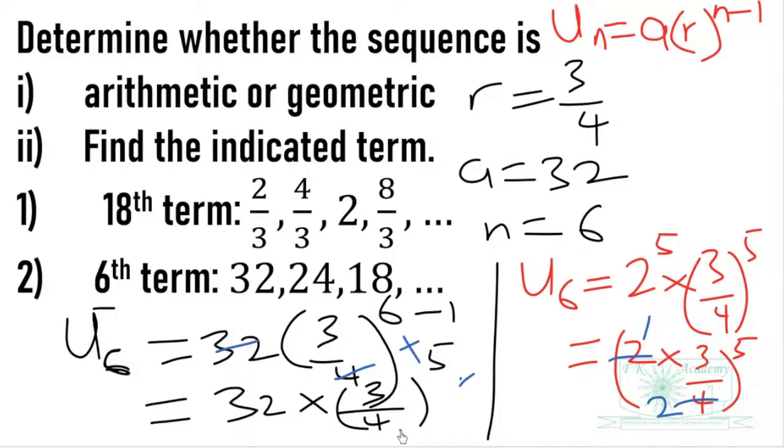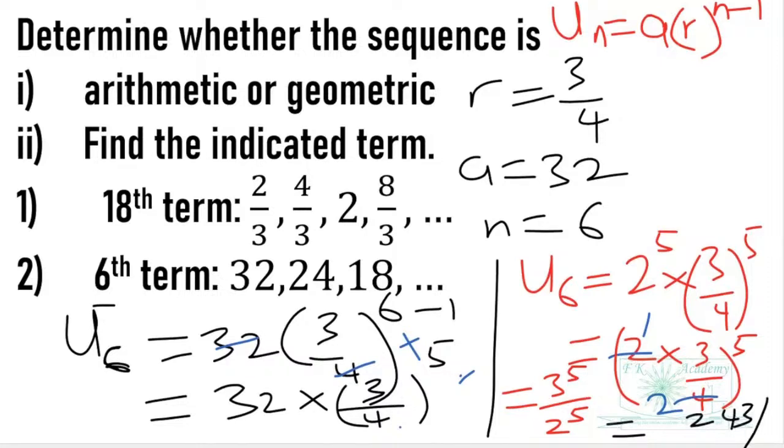So we are going to obtain 3 over 2, all exponent 5. So 3 exponent 5 over 2 exponent 5, by the laws of indices. When we simplify this, we obtain 243 over 32.